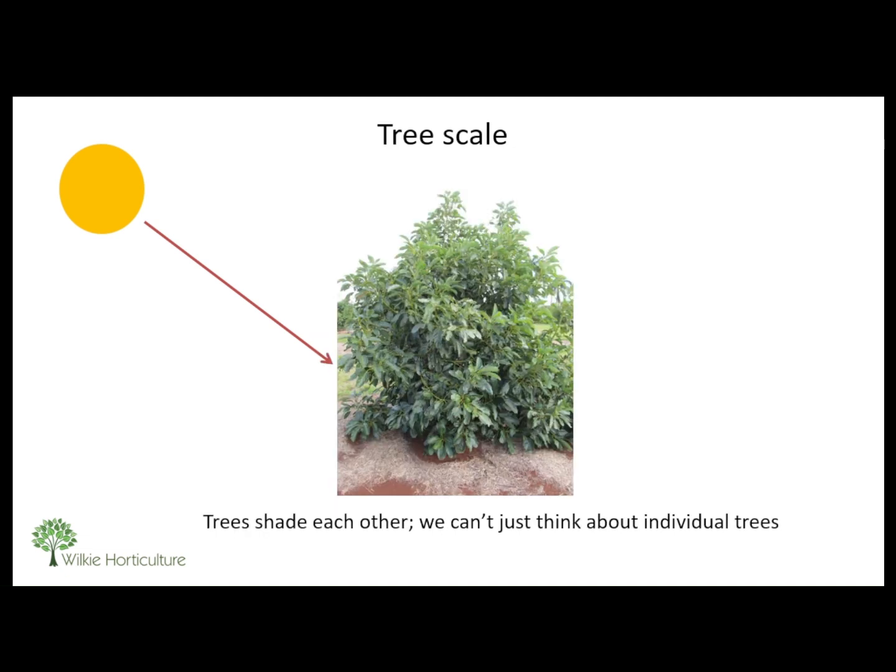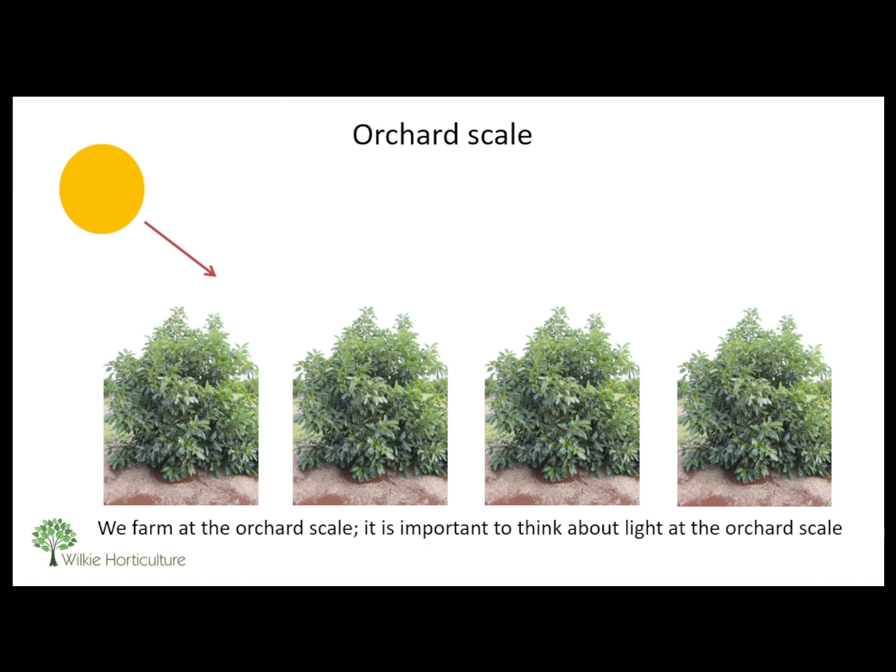Then we can think about light at the tree scale, but we know that trees in the orchard shade each other, so again, maybe it's not the most useful scale to think about. We farm at the orchard scale, so really this is the most important scale, or one of the important scales that we need to think about in terms of light interception and yield.